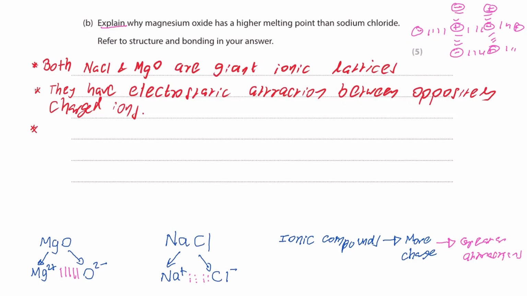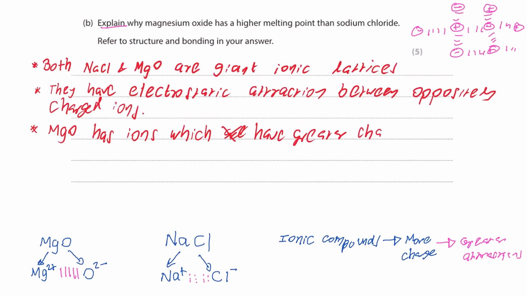Now they have attractions. Now we have to say that magnesium oxide has stronger attraction. Why? Because it has greater charge. So we can say that magnesium oxide has ions which have greater charge than sodium chloride.